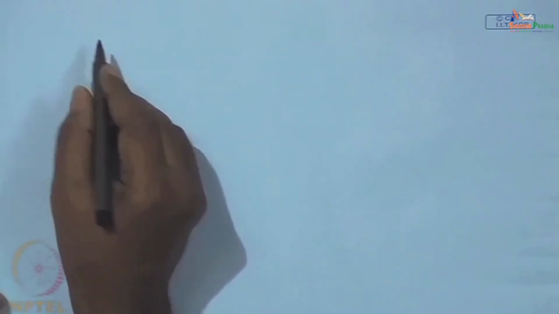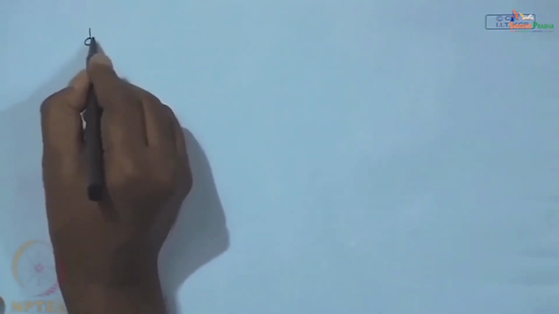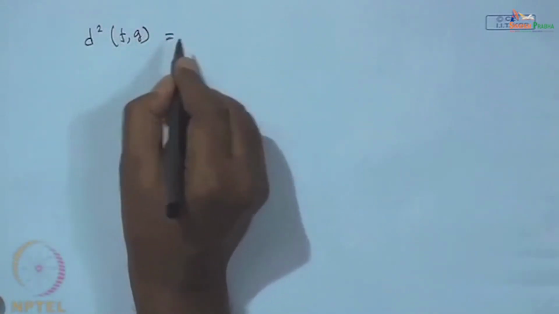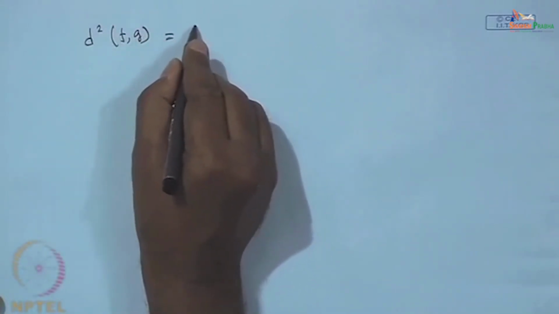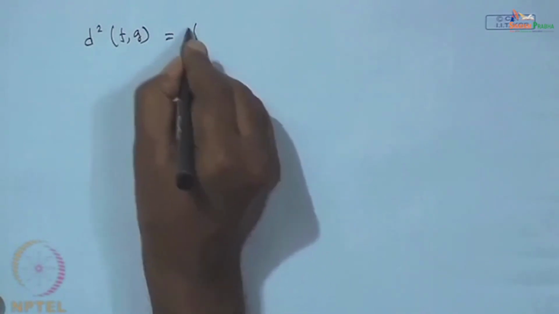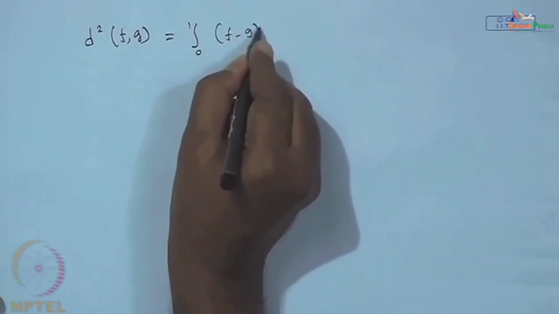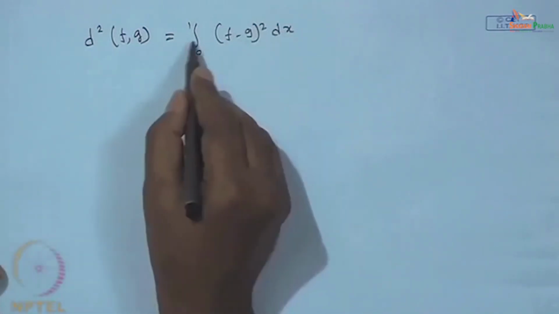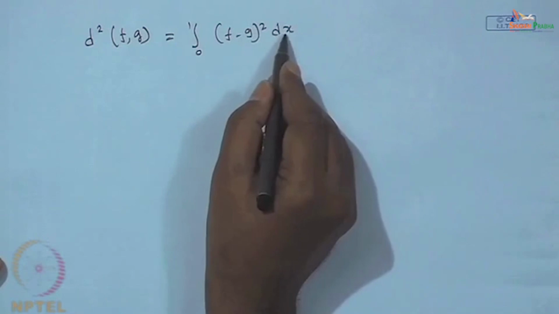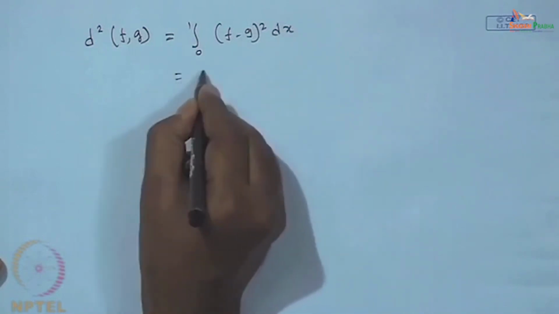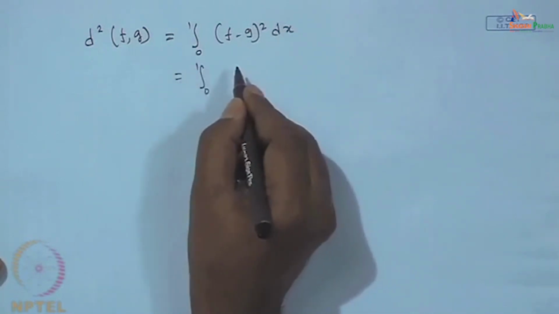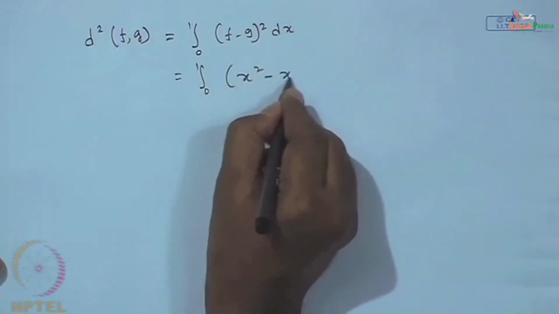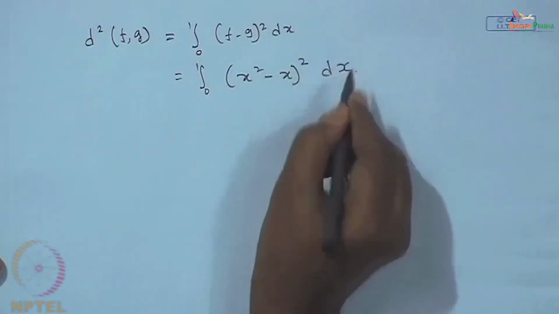First, we talk about the metric between f and g. So, it will be integral 0 to 1 of (f minus g) square dx. Since it is one dimensional problem, it will be only one integration and this variable is dx. So, it will be 0 to 1 of (x square minus x) square, dx.